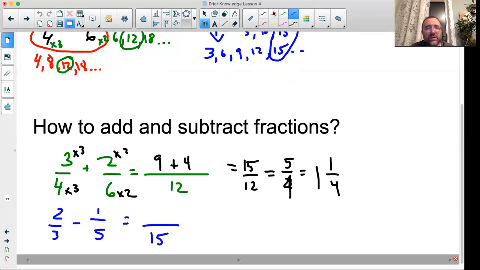So we need to times 2 by 5 for this one, and then times by 3 for this one. And then we get 10 minus 3, which is 7 over 15. We can't reduce that any further. So just giving you a heads up, this is how we do fractions with adding and subtraction.